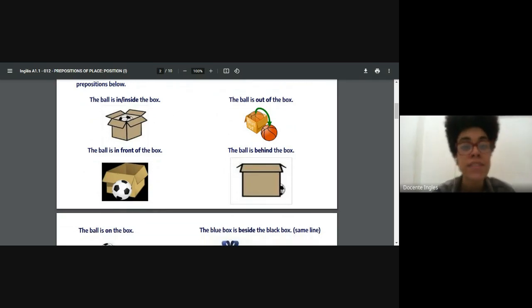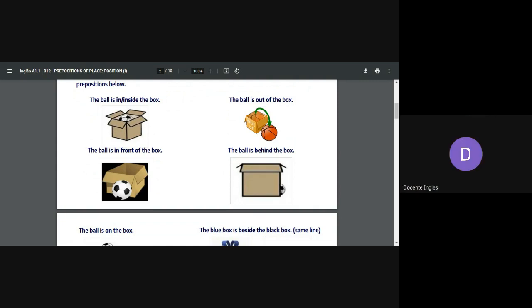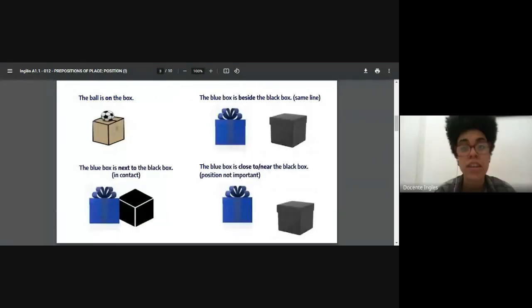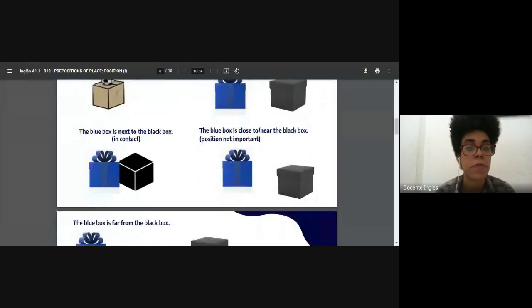The ball is in front of the box. So in front of is the preposition. The ball is behind the box. Behind is the preposition. The blue box is beside the black box. Beside is our preposition.